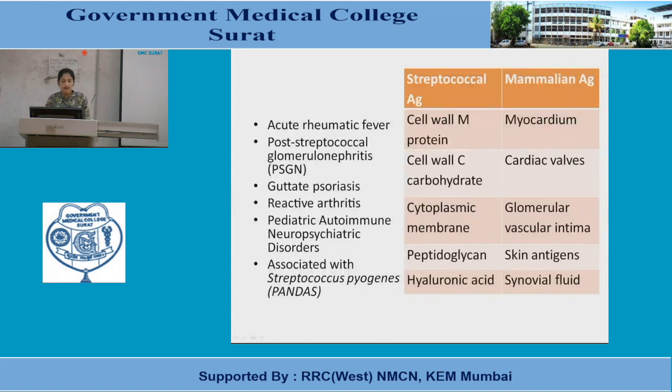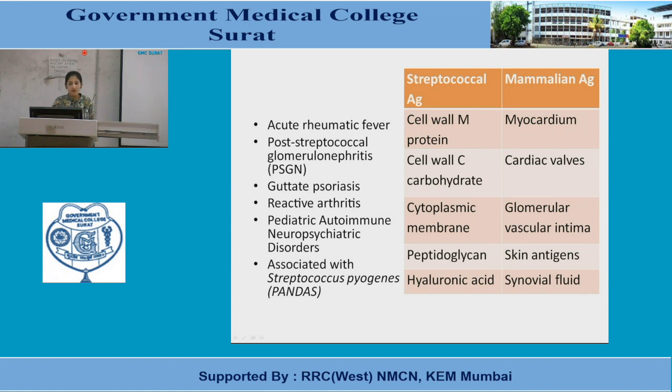You see, here there are some antigenic structures of the streptococcal cell that are very similar to the mammalian antigen. This streptococcal antigen is structurally and antigenically very similar to the mammalian antigen. That's why sometimes a cross reaction occurs in the ASO test.